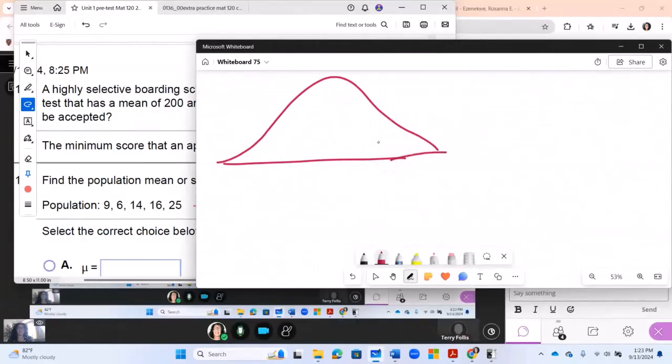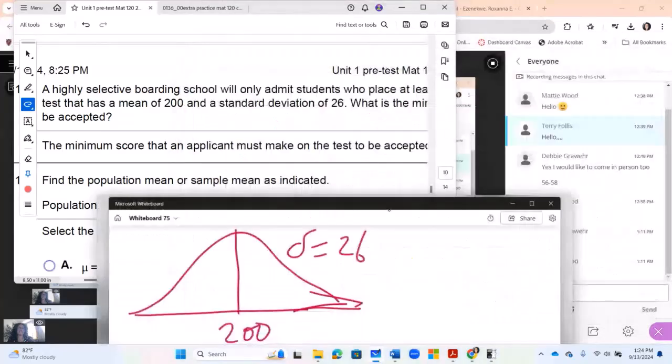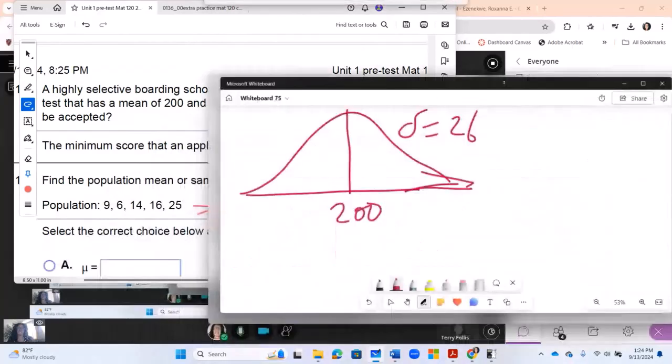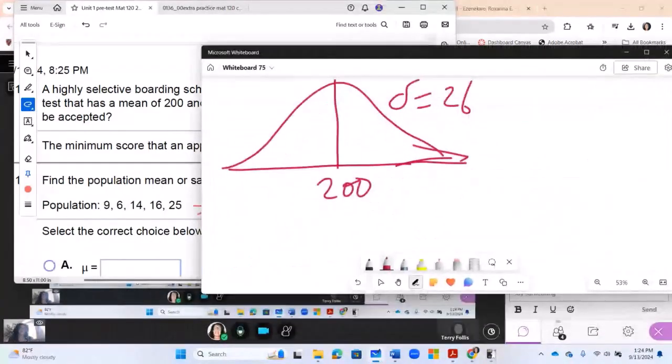And I am told that the mean is 200. And I'm given that the standard deviation is 26. Is it 26? Yes, 26. All right. And then somebody has to score 2 standard deviations above the mean to pass the class. So by the way, what is 1 standard deviation above the mean?